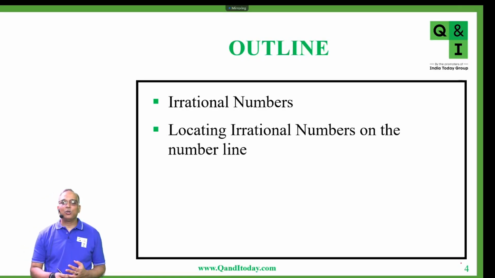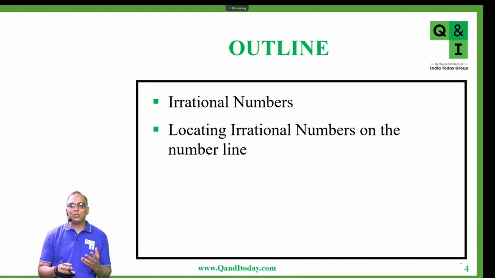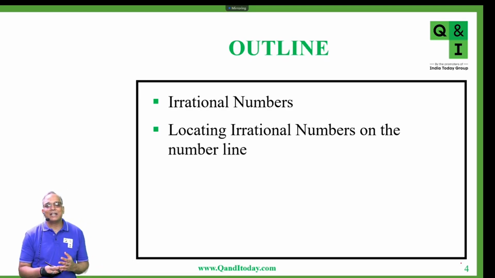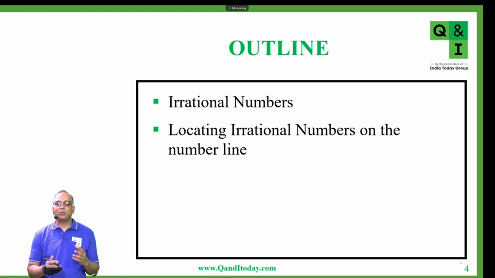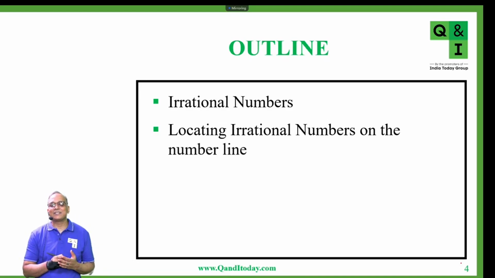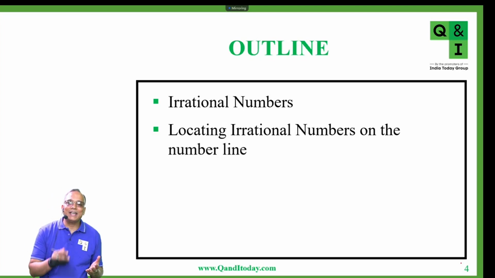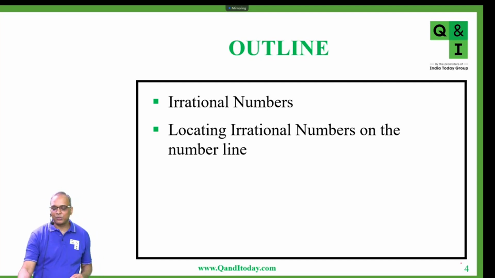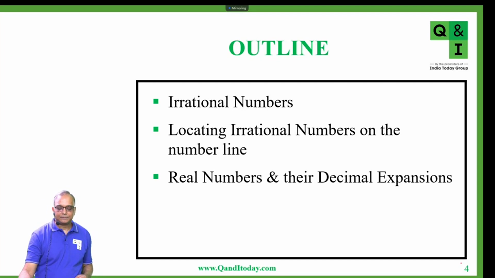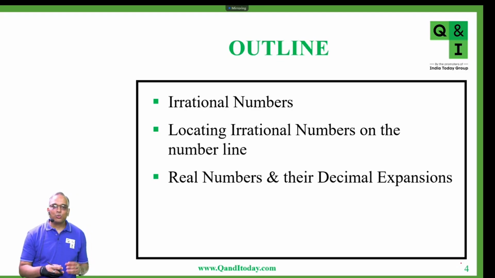How do we geometrically locate irrational numbers on a number line? Till now, what we have learned is that on a number line we can plot rational numbers. How to plot an irrational number on a number line is what we are going to do today. And then we are also going to study real numbers and their decimal expansions.